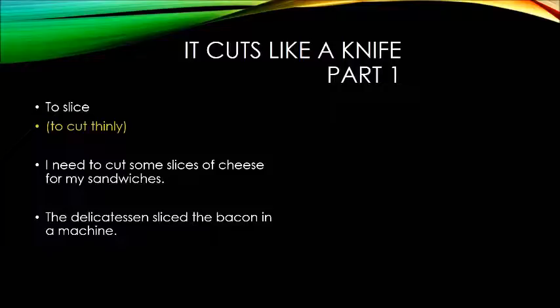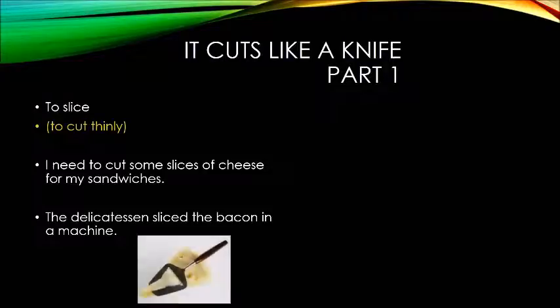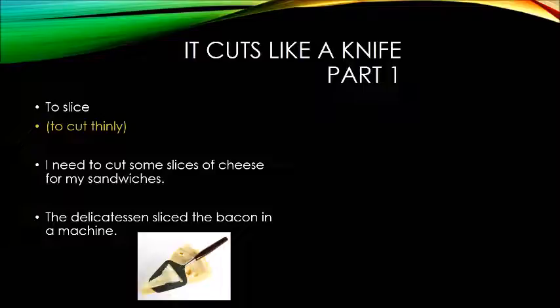Or if you go to the delicatessen or the supermarket and you don't want to cut your own cheese, you can ask them and they put it in a machine, a special slicing machine. So it saves you a lot of time and effort doing it this way. And there we are. And this is a little handheld thing that you can pull across the cheese and it slices the cheese for you. Very handy little kitchen utensil that.